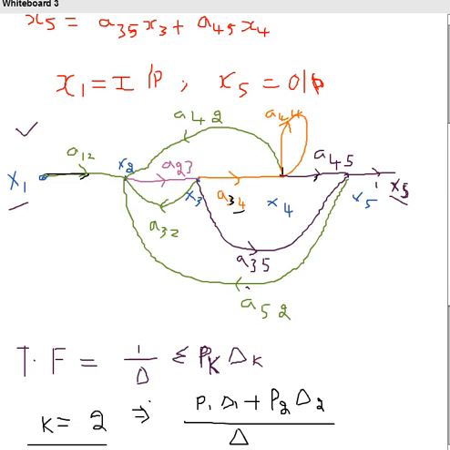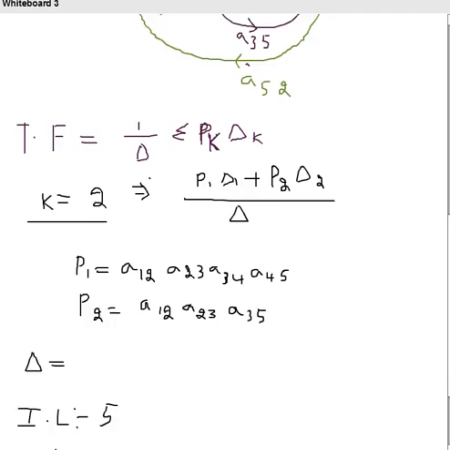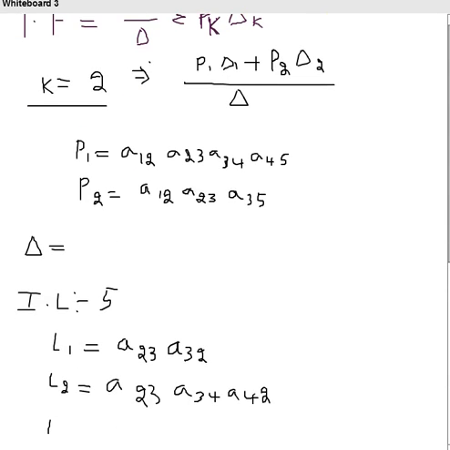The remaining 3 are there. This is also one loop: A44, started at node X4 and ended at the same node. So this is also an individual loop. L3 is equal to the gain A44.